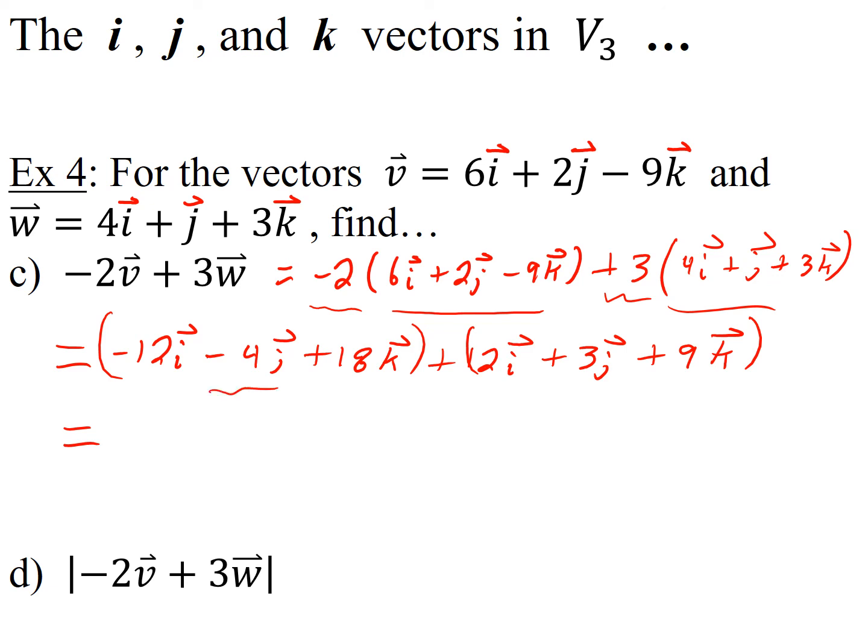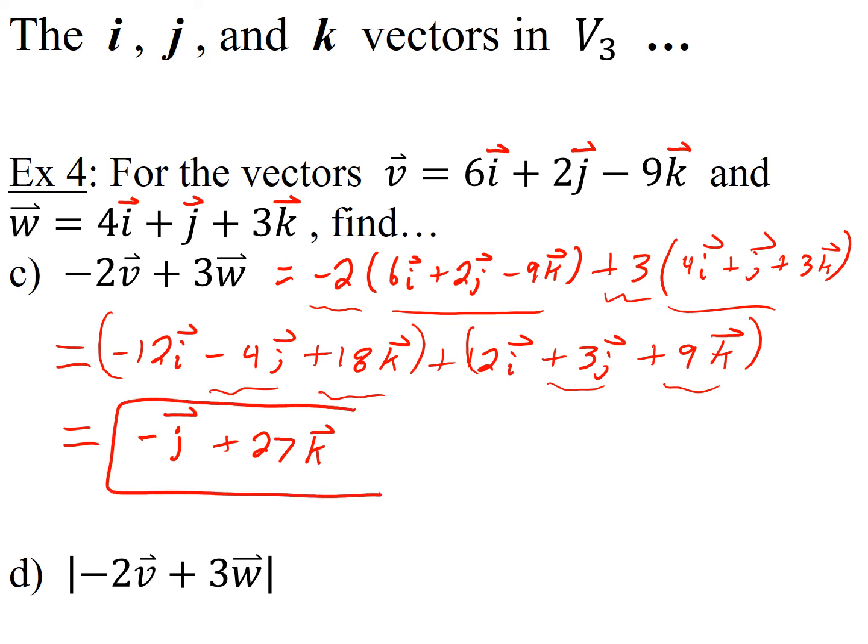Then when you add these, -4j plus 3j, you get -j. And again, that -j just means there's a -1 in front of the j. And then we're doing 18k plus 9k, that's plus 27k. And again, the fact that the i is gone means there's no x component to this vector. All right, so there's the answer to that.